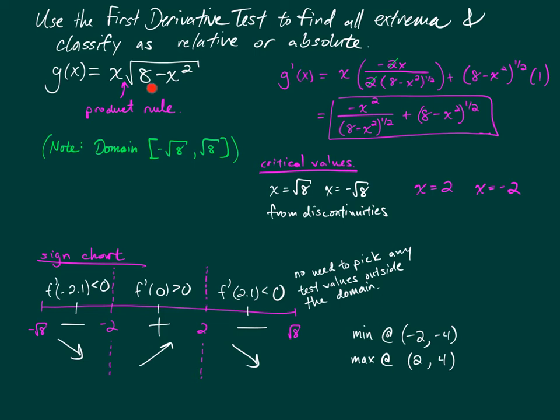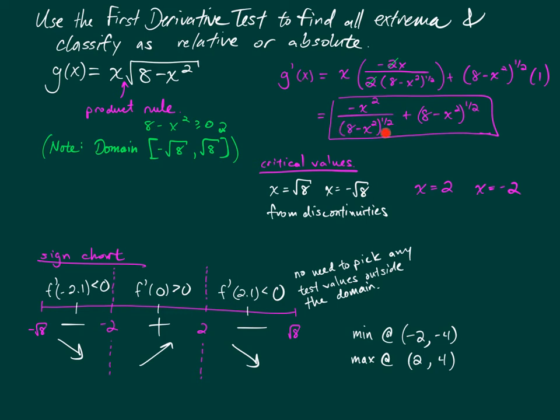If you set what's inside the square root to be bigger than or equal to 0, so 8 minus x squared to be bigger than or equal to 0, and you solve for x, you'll get that the domain runs between negative square root of 8 and positive square root of 8. And at those endpoints, coincidentally, are where the discontinuities are, because this is in the denominator.